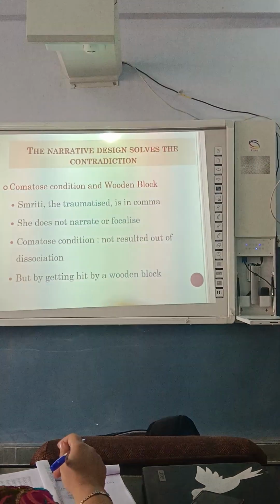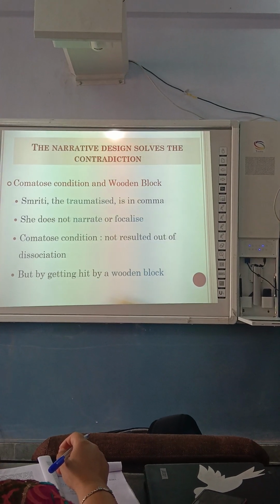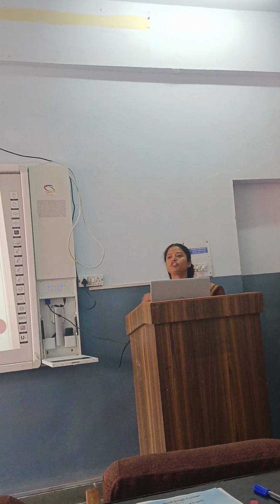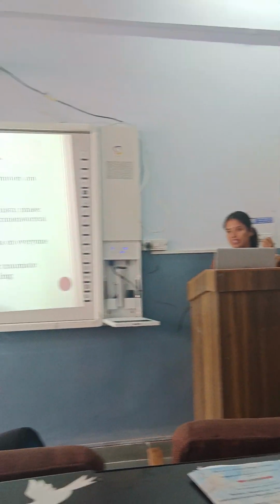Now, the second model of trauma, in literary trauma theory, is the pluralistic model, which says that we should move ahead of dissociation and the psychological effects of trauma.